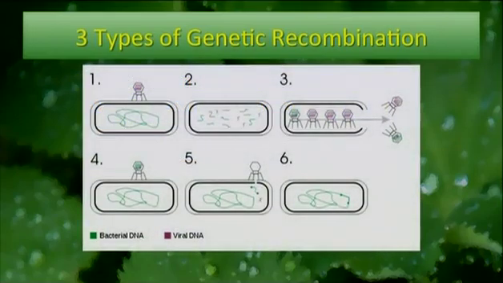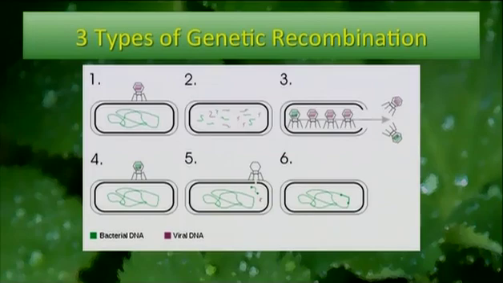There you have a bacterial cell with a circular chromosome, and on top of it you see a virus. The virus will have injected its DNA into the bacterial cell. That takes over the bacterial cell and programs the cell to make more virus particles, and the virus particles come together and then lyse the cell.